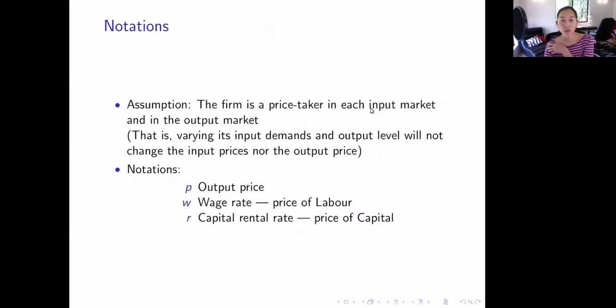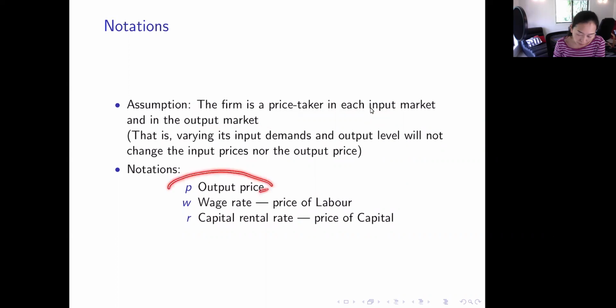So the assumption: we assume that the firm is a price taker in each input and output market. That means the quantity of the output that the firm produces, or the quantity of the inputs that the firm demands into the production function, will not affect the price of the input nor the price of the output, right?